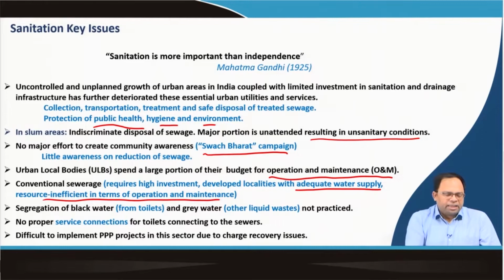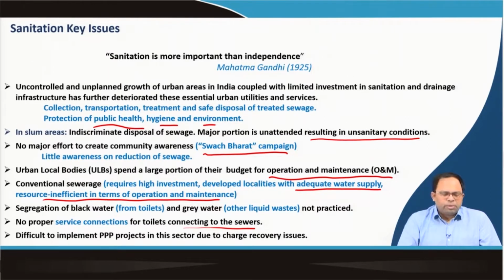And then, segregation of black water and grey water is not practiced in India. Sewage contains both grey water as well as black water, and even sometimes storm water from our roofs, and there is no proper service connection for toilets connecting to sewers. That means people, when they feel like it, will break into the sewage pipeline and put their pipe inside it, which leads to leakage and a lot of other issues.